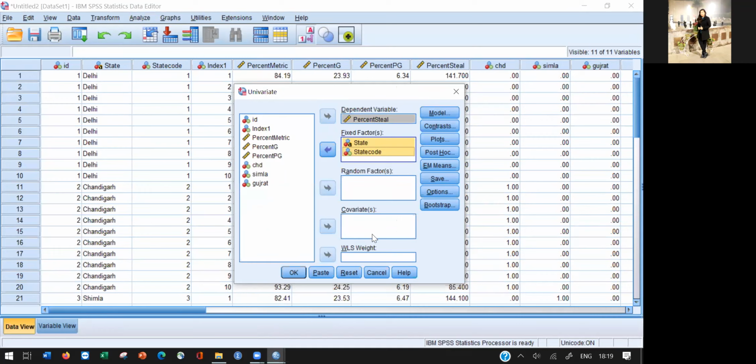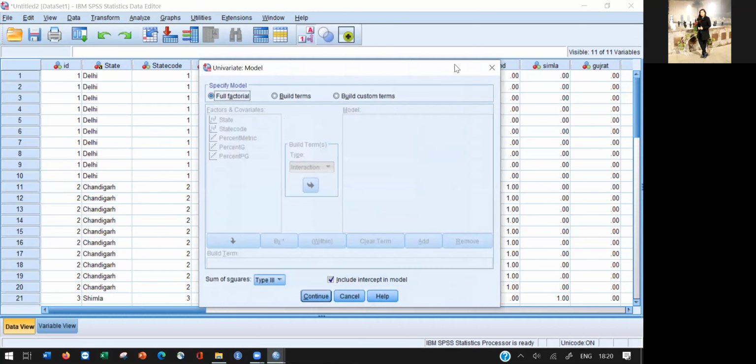What I need as covariates are these 3 variables. So remember, when we study the covariate matrix, it goes like 1 0 0, 0 1 0, and 0 0 1. So the dummy variables that are to be created manually are created in the background itself by SPSS.